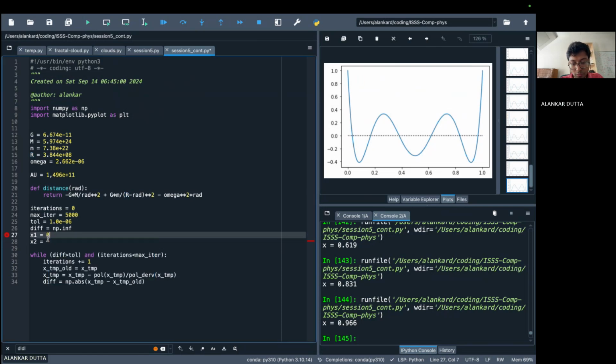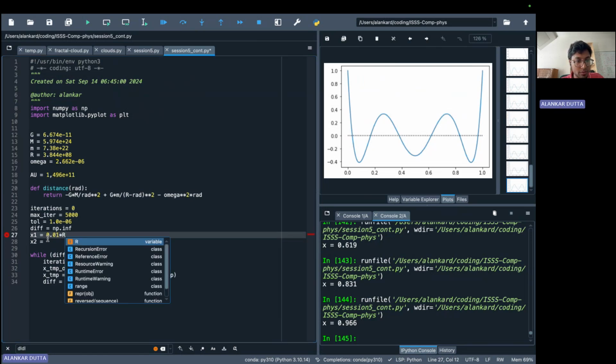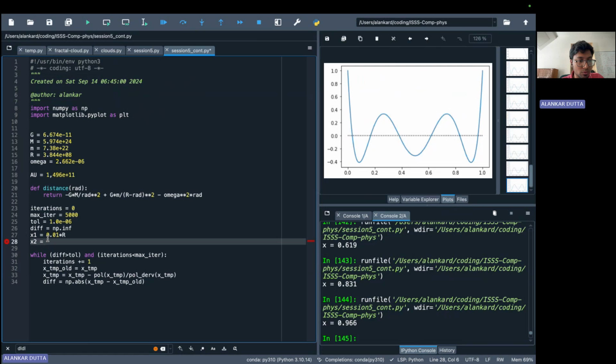So it's 0.01 times r, something like this, to x2 is r. So it's very close and very far. So 2 points which we have taken, right?